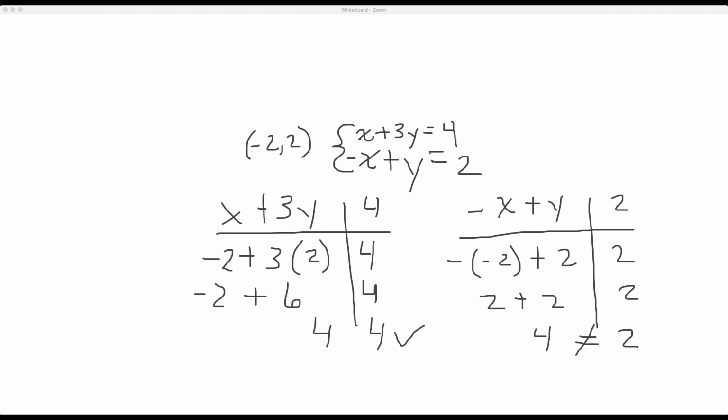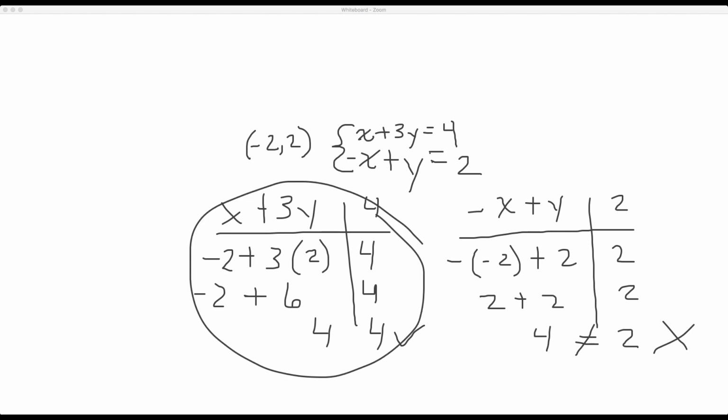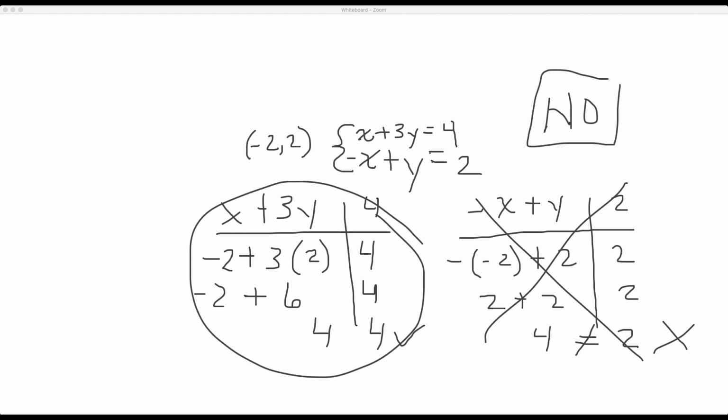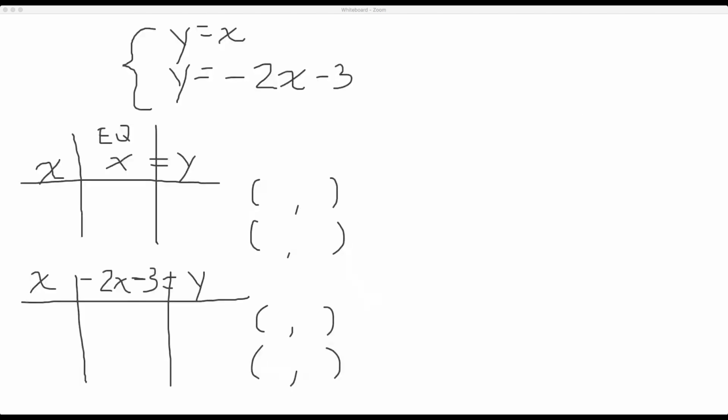That does not equal. So since this ordered pair worked for one of them but not the other, the answer is no. That means no, (-2, 2) is not the solution for this system.